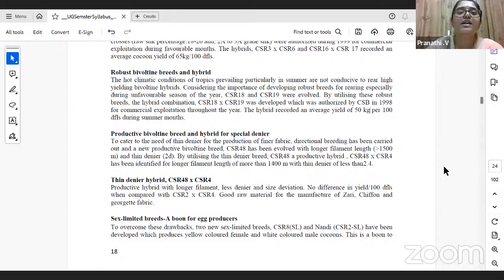We have bivoltine versus polyvoltine, yielding extremely good A grade silk. But if you want only bivoltine, what is it that you're going to see?